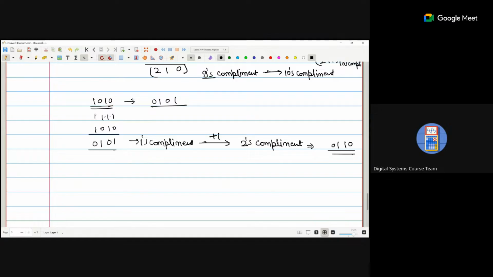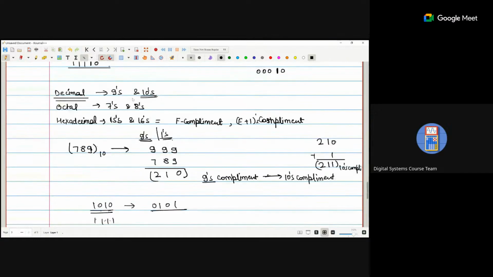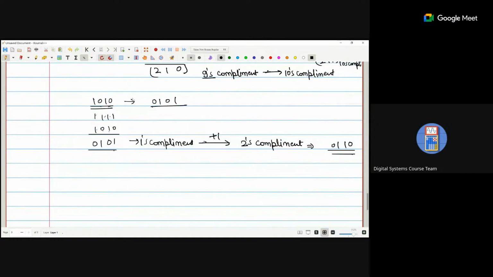Similar to the ones and twos complement, we have the nines and tens complement. Similarly, we calculate the seventh and eighth complement. How do we calculate them? Say the number given is 565 in octal. How do we calculate the seventh complement?